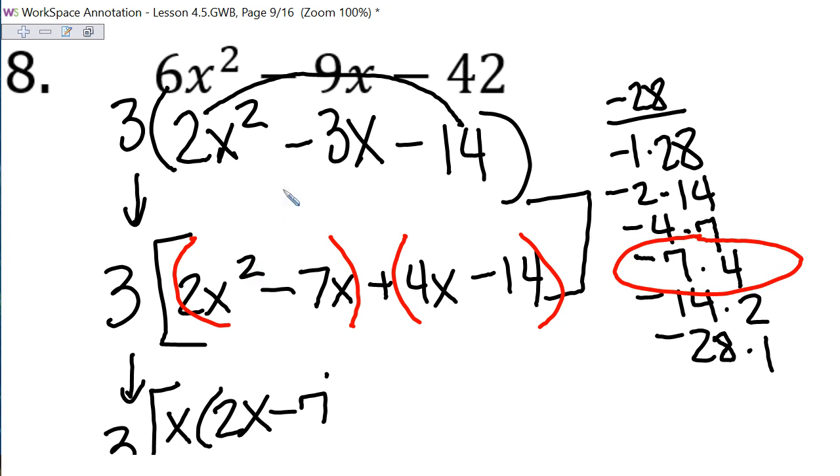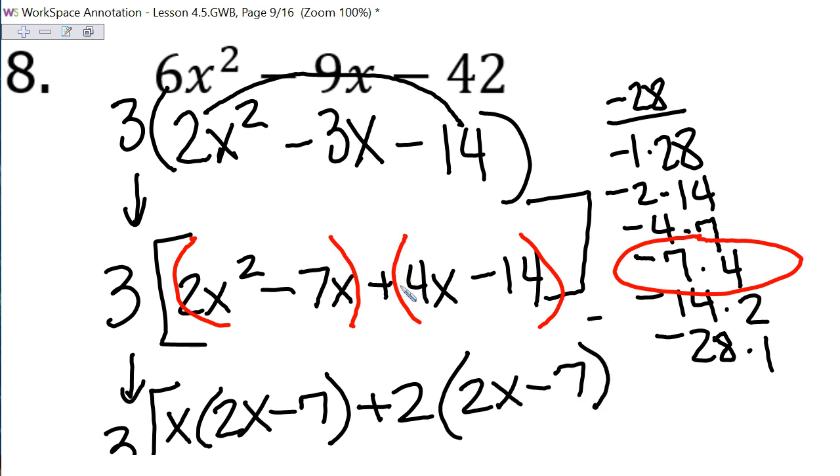2. And if the first one in the group is positive, it's going to be a positive 2. And what goes in the parentheses? 2x minus 7. Now I'm ready to write my answer. The very first answer you need to write down is the GCF, so the 3 goes first.